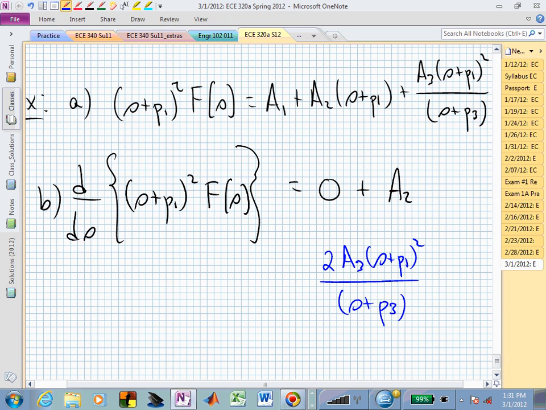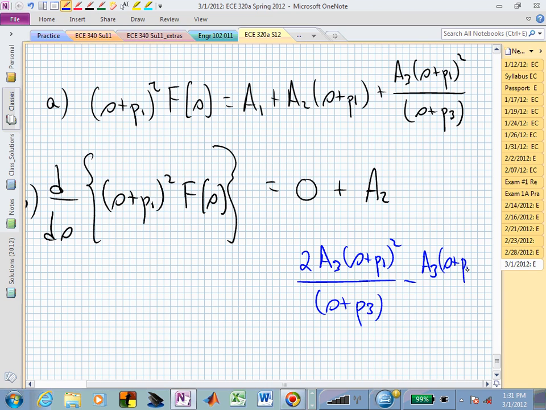And then I differentiate the denominator, which is now minus 1 times s plus p3's derivative. And we keep the numerator term, s plus p1 squared, and this one would be s plus p sub 3 squared.